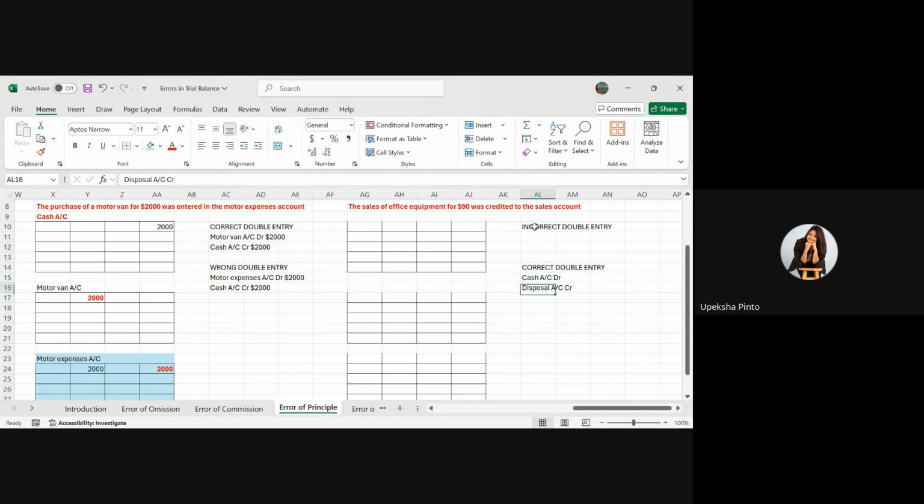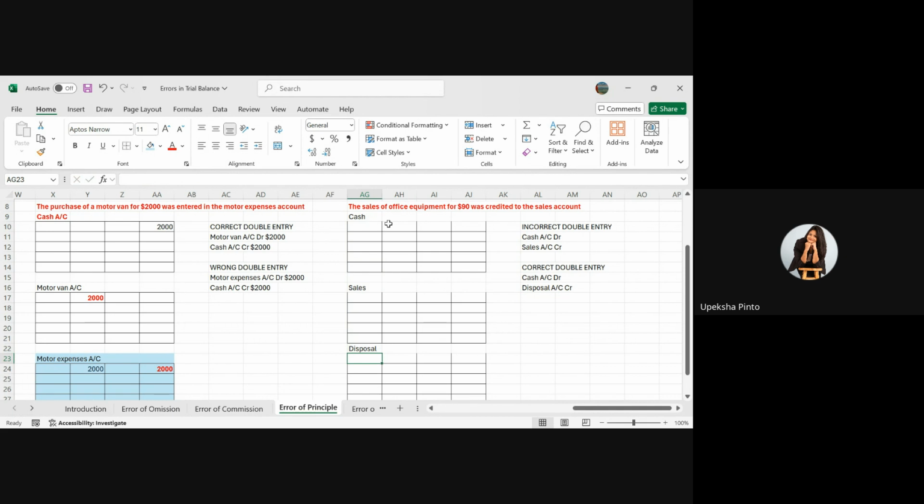But instead of putting it to disposal, I have credited my sales. Cash account is anyways debit. This is the mistake. So what are the three accounts we want here? We want cash, sales, and disposal.